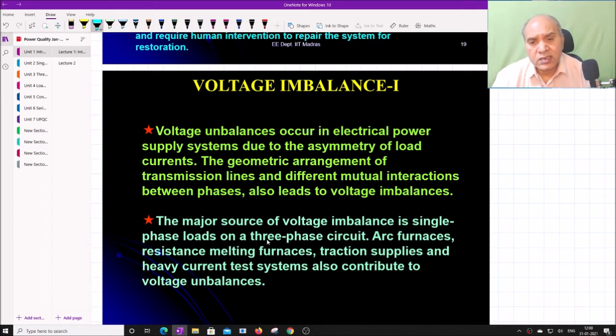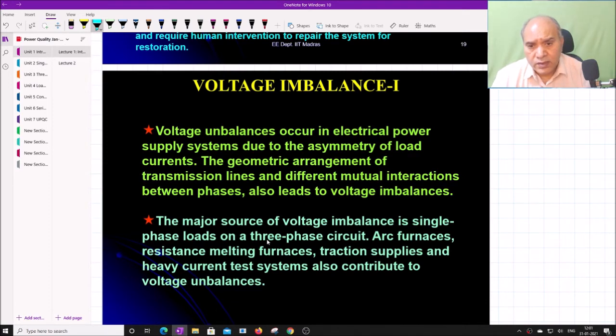However, with increasing load patterns and load variations, the nature of unbalance is more, and the presence of harmonics is also there. So this voltage imbalance or voltage unbalance has to be measured to indicate how much unbalance the system has.